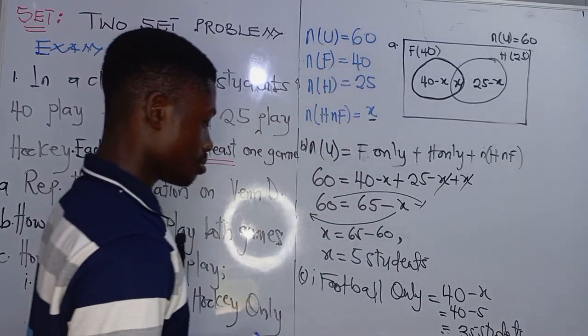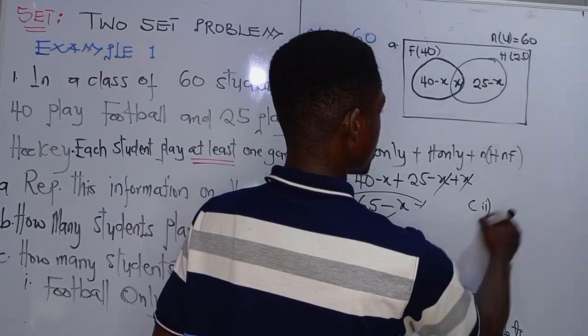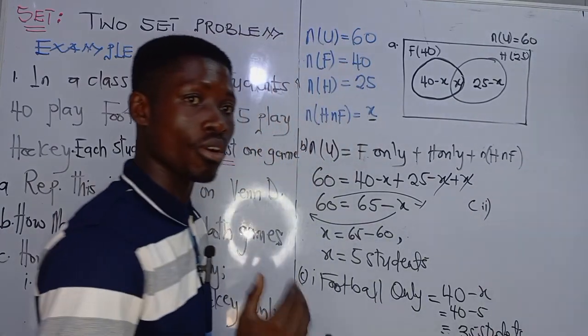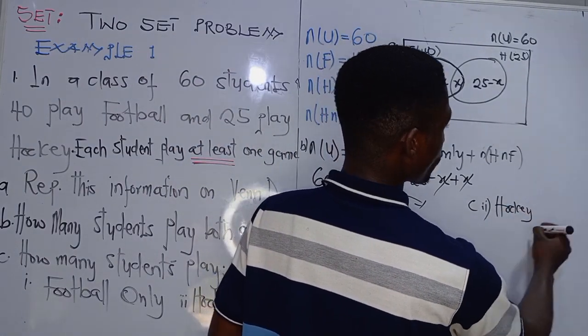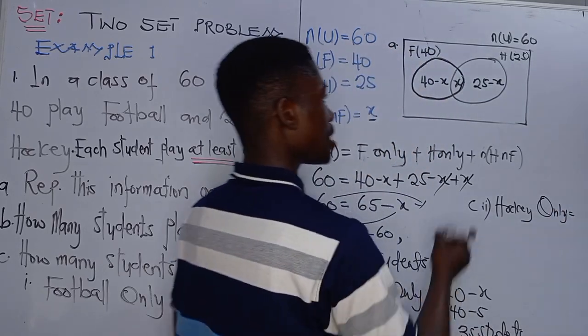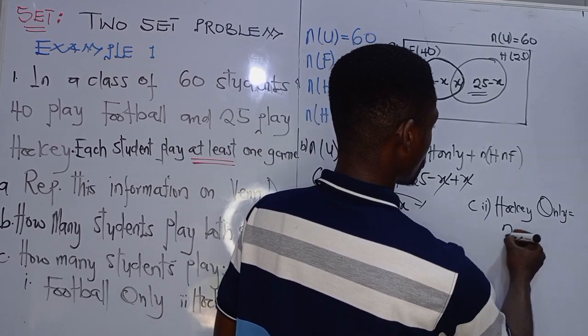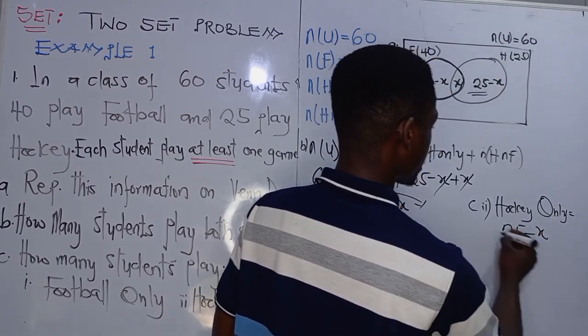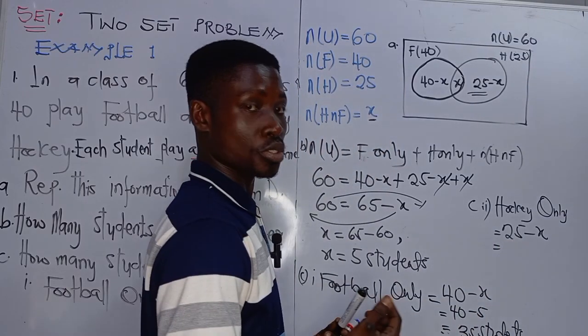Good. Now let's move on to C, ii. The number of students who play hockey only. So we know that this region represents hockey only. And that region is 25 minus X. We have already established that our X is equal to 5.